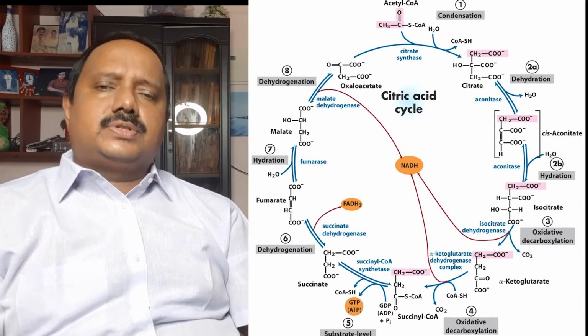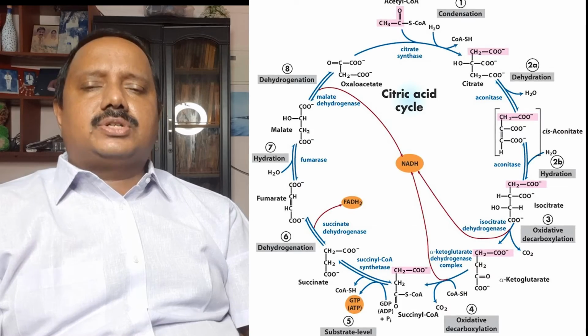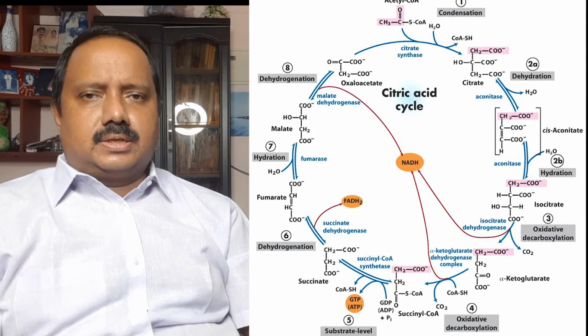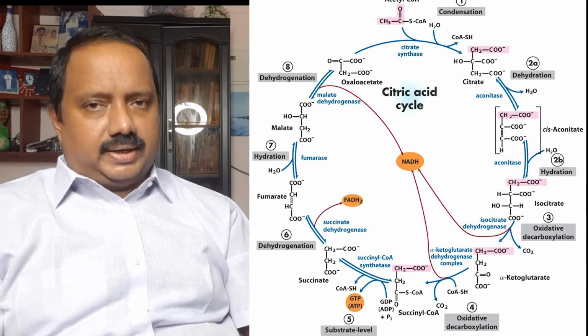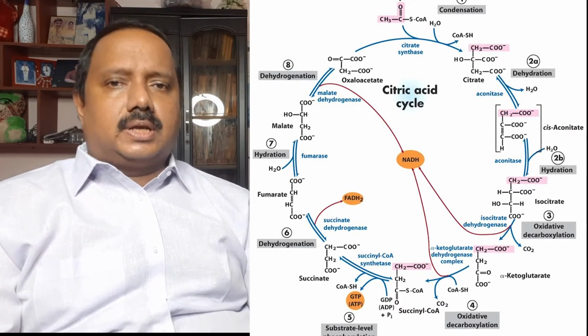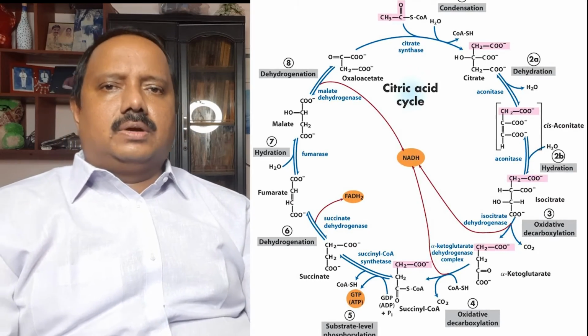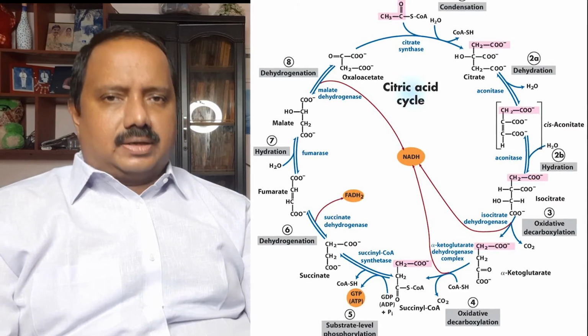The dehydration of citric acid with the enzyme aconitase results in the formation of cis-aconitic acid with the release of one molecule of water. Cis-aconitic acid is converted into isocitric acid, which is an isomer of citric acid, where one molecule of water is added.